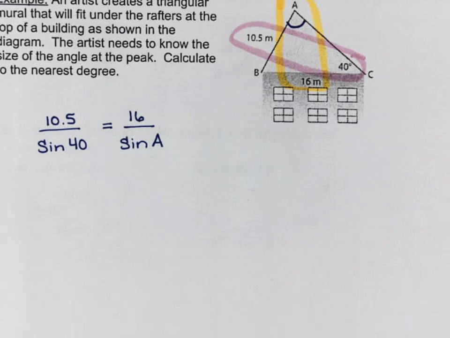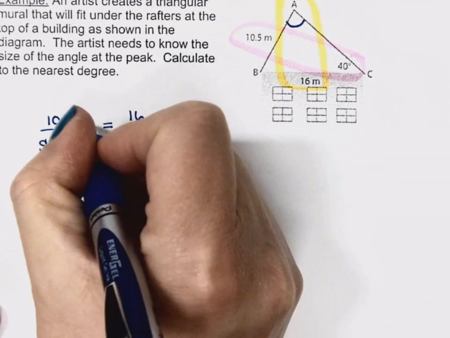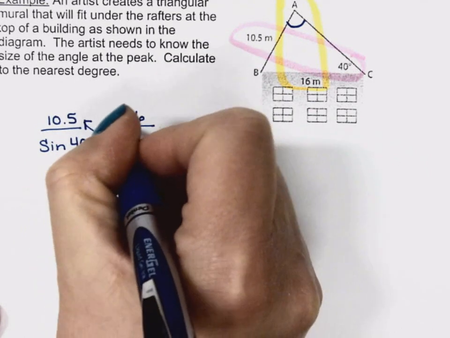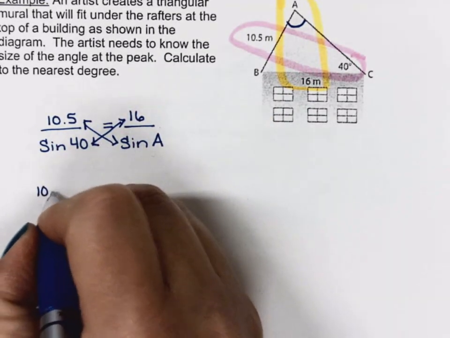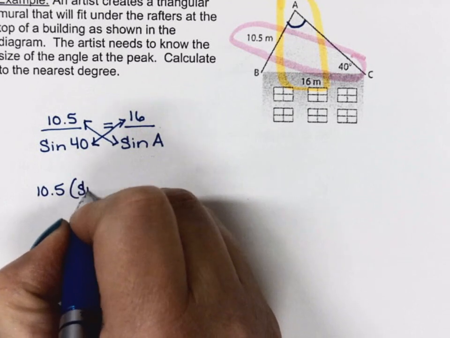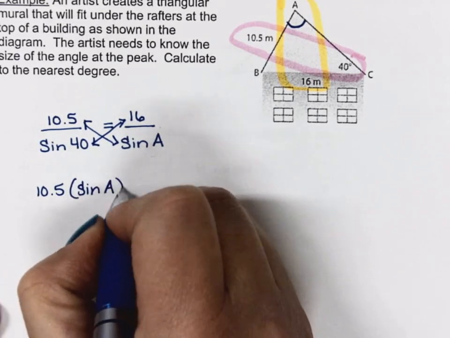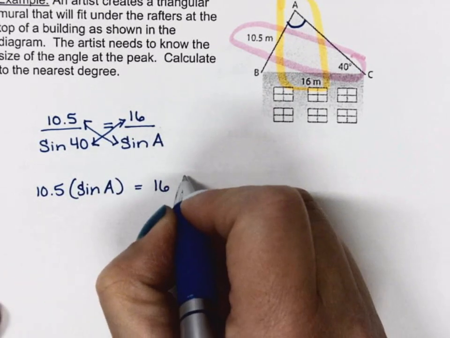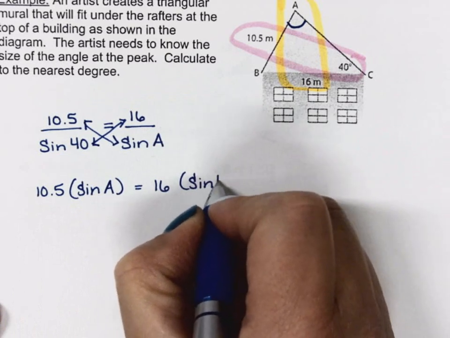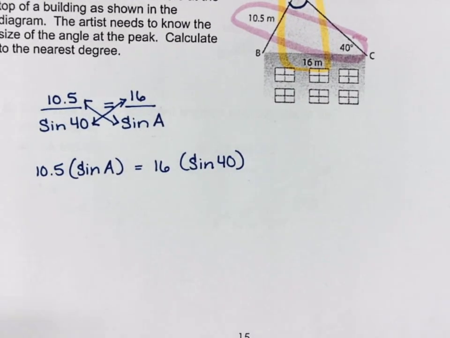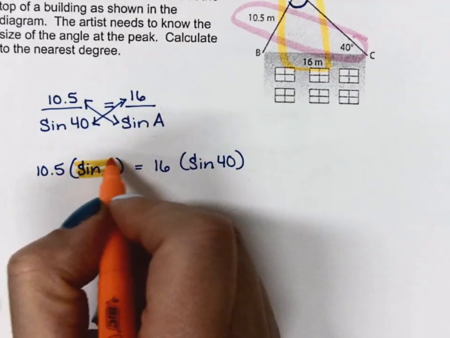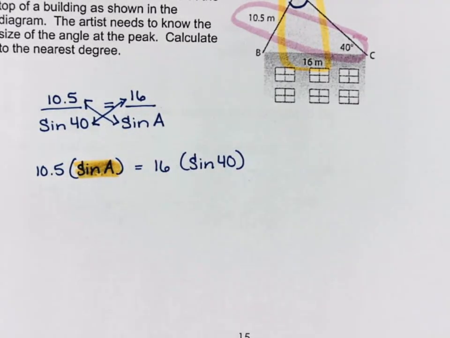Okay, so we're going to go through the act of cross multiplying. So that's going to be 10.5 times sine of A equals 16 times sine of 40. And I want to get that by itself.